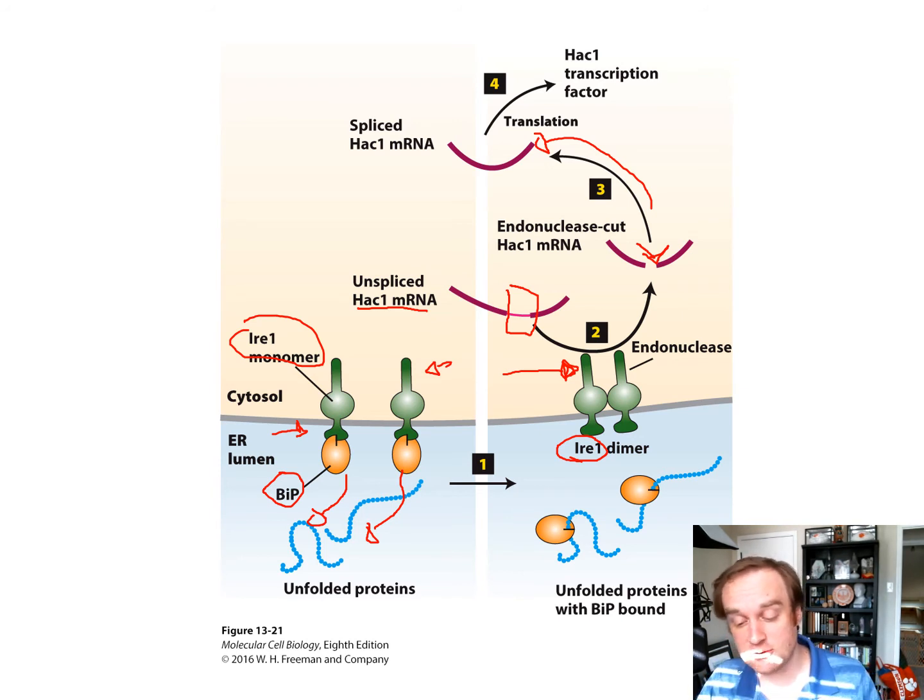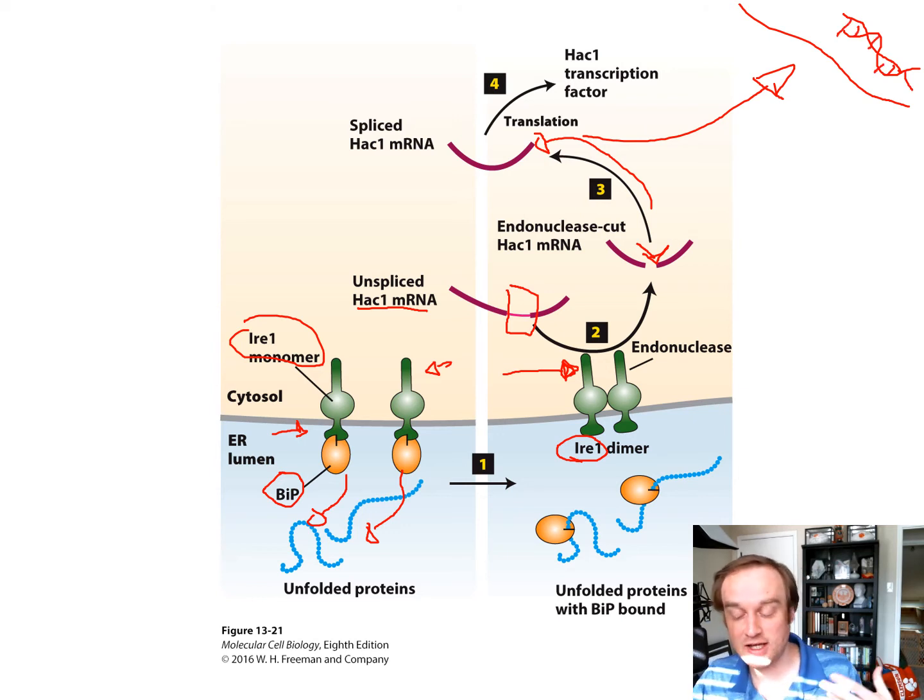And that protein will then be imported into the nucleus, which isn't shown here, but I'll kind of draw one. And here's my double-stranded DNA. Oof, that was a little rough. It will go into the nucleus and act as a transcription factor to specifically turn on chaperone genes.